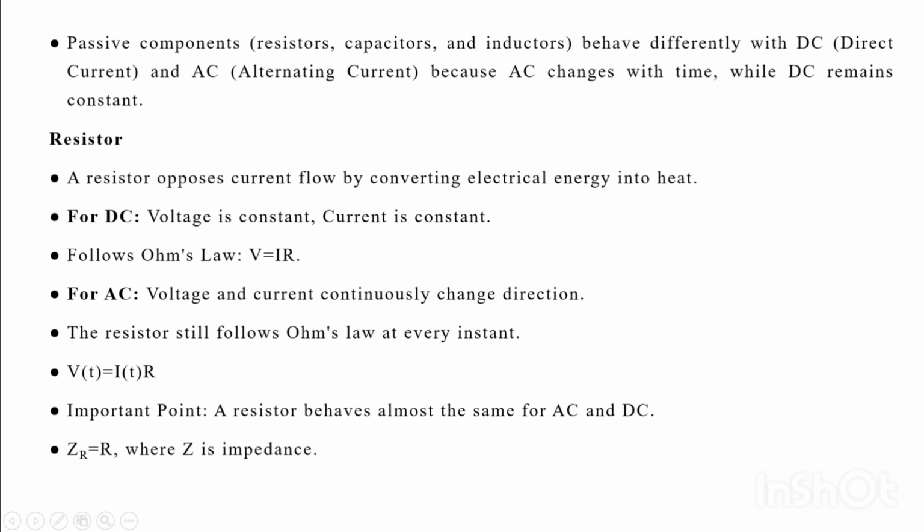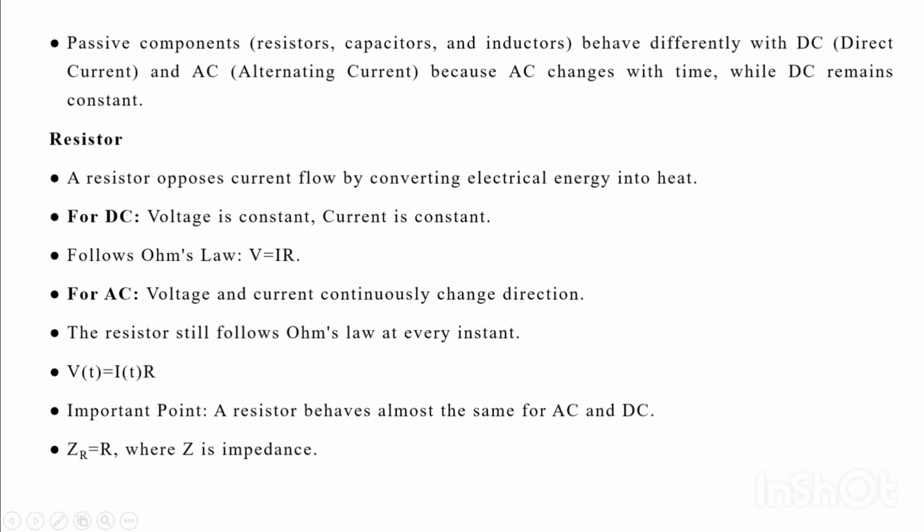During that time, I can define the voltage across the resistor as v(t) equal to i(t) into R, where the term t is included because the response of the circuit varies with respect to time.